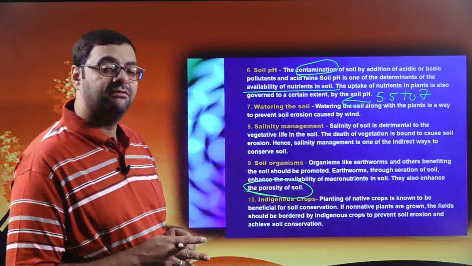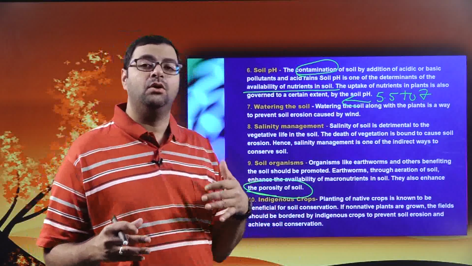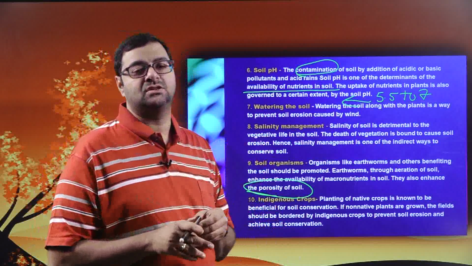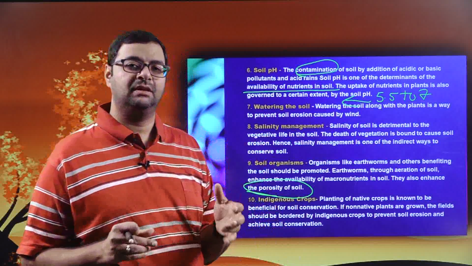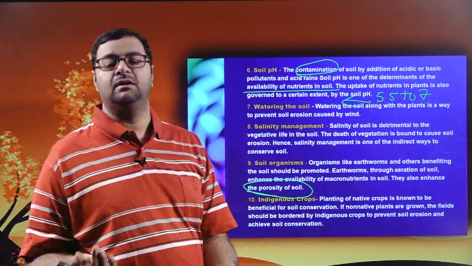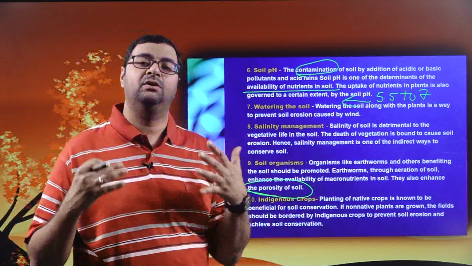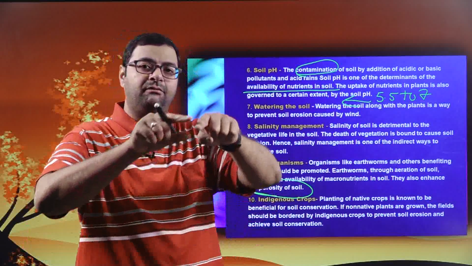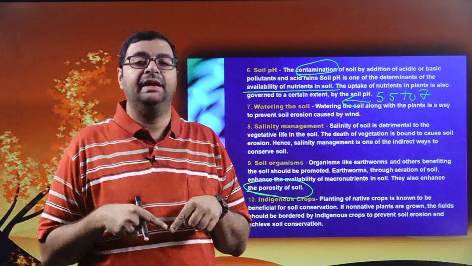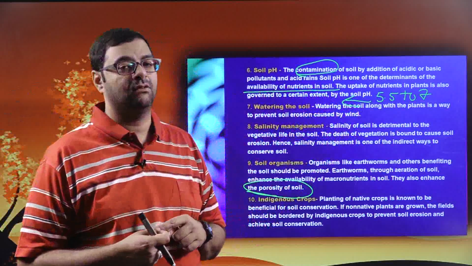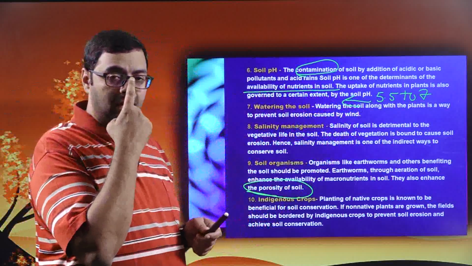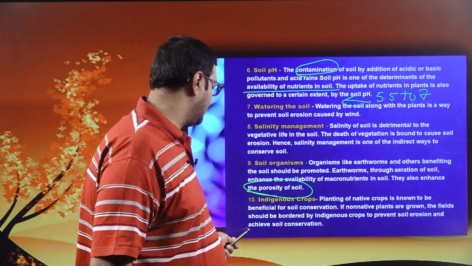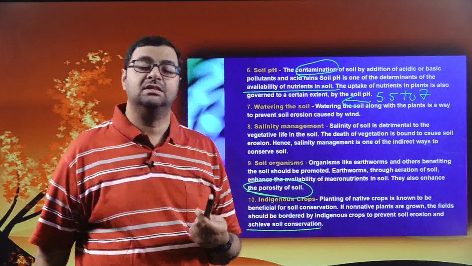Say, for example, you are growing a non-indigenous crop that is not suitable for that area, but you are trying to cultivate it. Then you have to have a boundary of native crops, so that it will prevent soil erosion and achieve soil conservation.